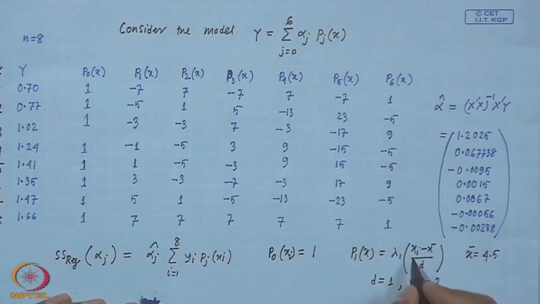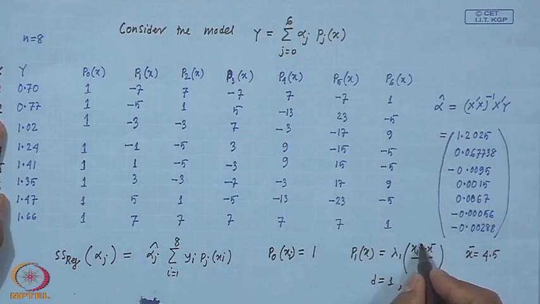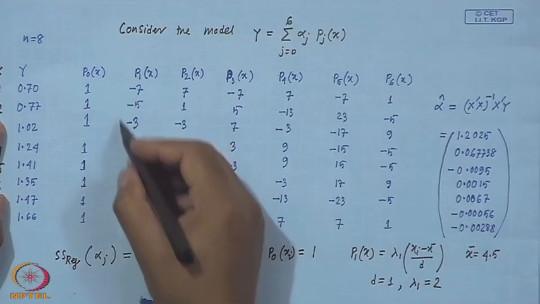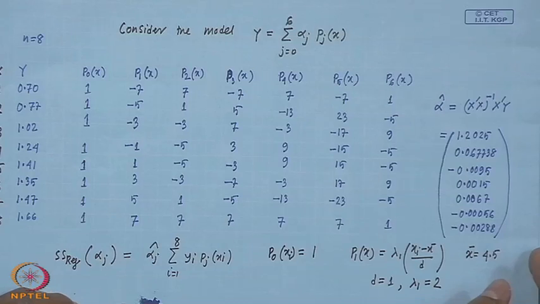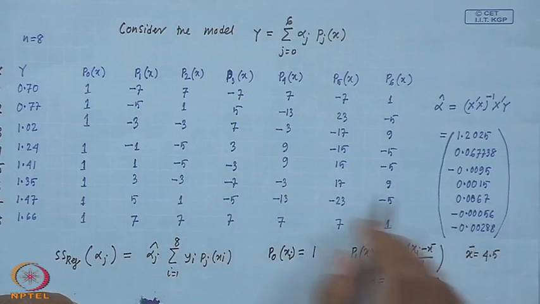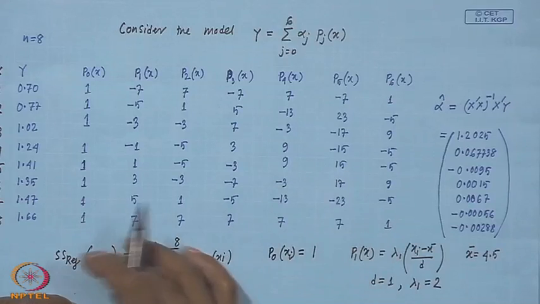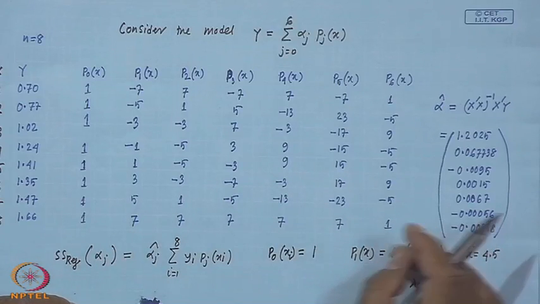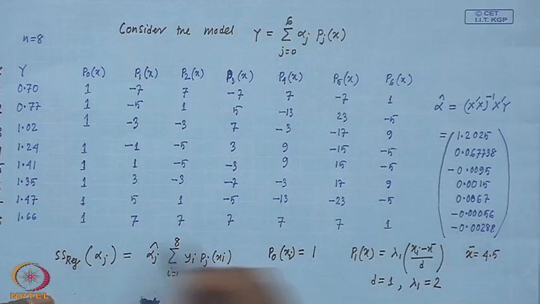Similarly, for x equal to 2, you will get minus 2.5 into 2, that is minus 5. Similarly, you will get all the values here, and look at p 2 x from my previous class, and you can get this table. In fact, in exams this table is generally provided.